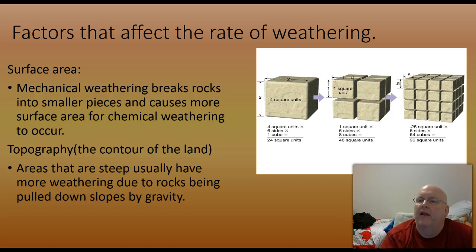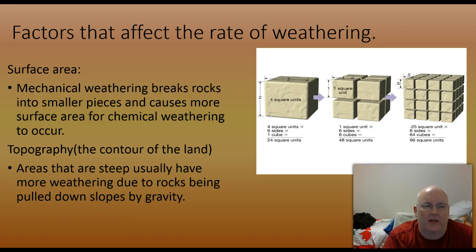So as you divide it into smaller pieces, more surface becomes available. The total volume hasn't increased, but the total surface area has. That gives chemicals like acid rain, like that carbonic acid, more places to work. So it has the ability to increase the amount of chemical weathering as the pieces break up.